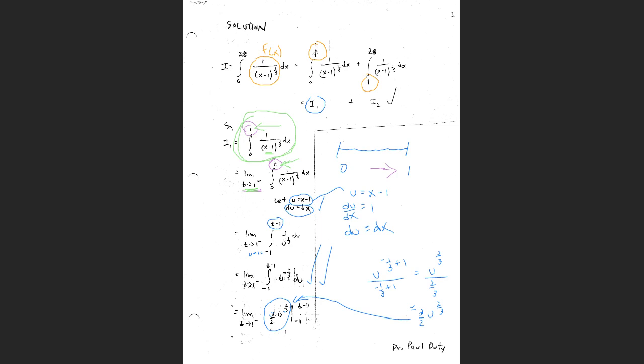Okay, well, now we're down to here. I'm going to go ahead and evaluate this integral. I'm going to put in my values of t minus 1 and negative 1 first, and then I'll compute the limit. So if we go to the next page, this is what we'll have.